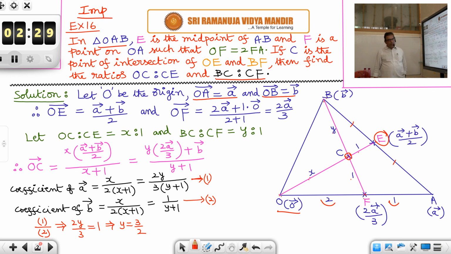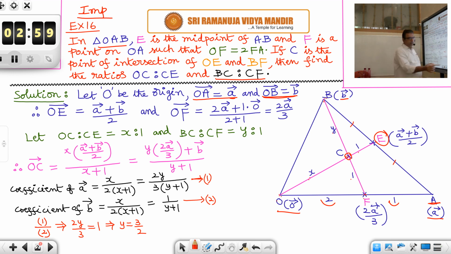OA bar is a bar means the position vector of the point A is a bar. Origin is O, so OA bar is called the position vector of the point A. Generally for the points, we write their position vectors in the brackets. Similarly, let OB bar is equal to b bar, that means the position vector of point B is b bar.